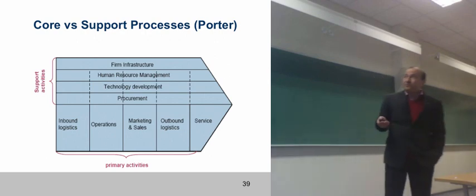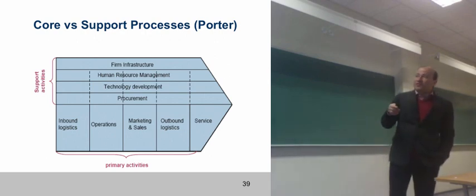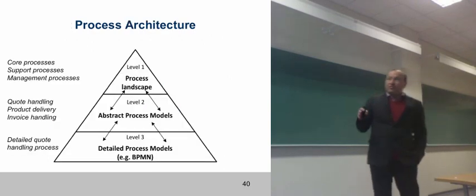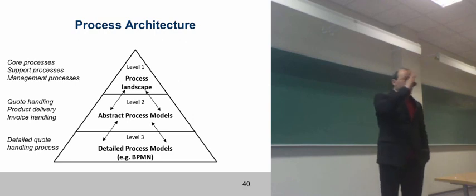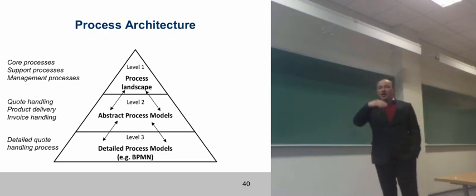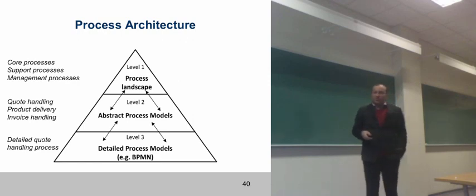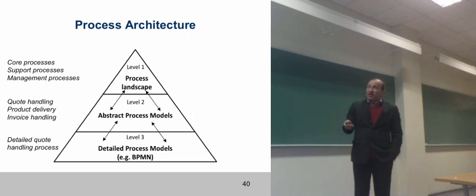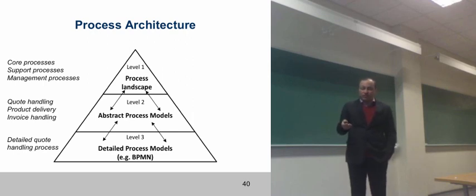All these are secondary processes. And there is a whole methodology where you start by decomposing the process into its core processes, secondary processes, something called management processes, and you go top-down decomposing those processes, and you get what we call a process architecture, which is like a bunch of business processes related through different relations, including hierarchical relations.